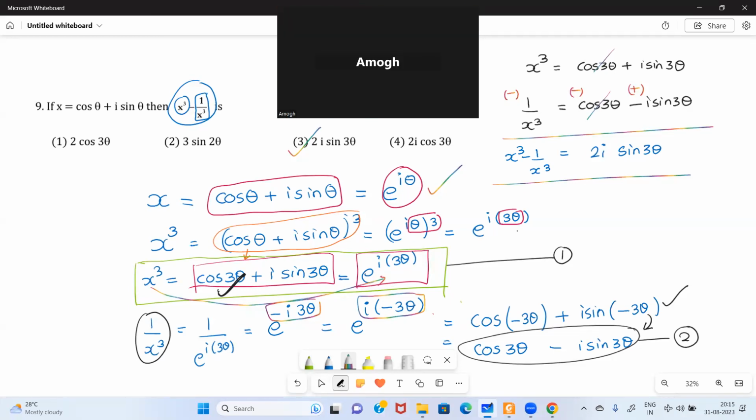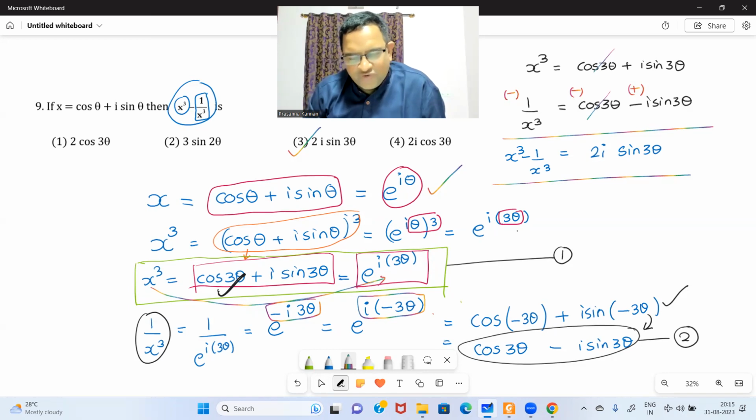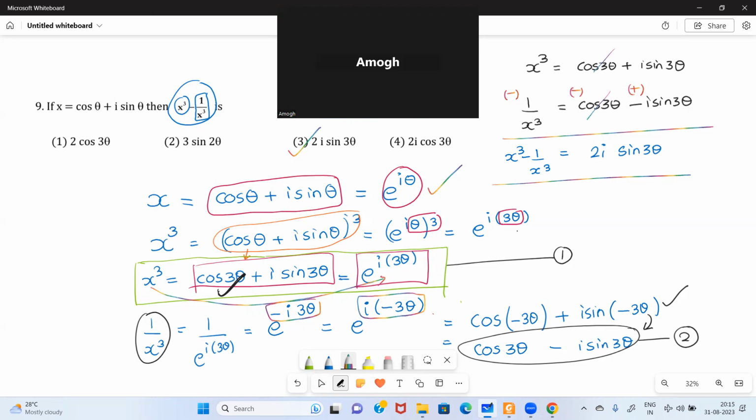Sir, what's that name? I forgot. Euler's formula, you can say. From Euler's formula, we can find x cube, which is cos theta plus I sin theta, the whole cube. We can write it directly as cos 3 theta plus I sin 3 theta.